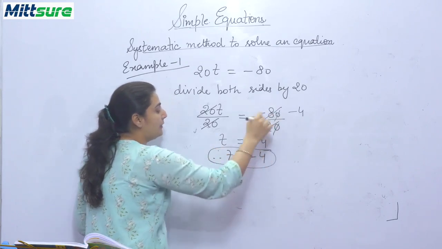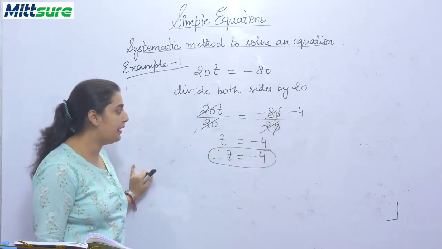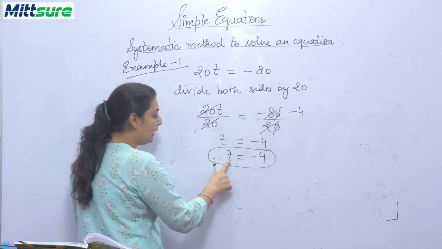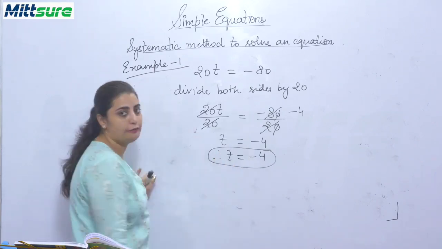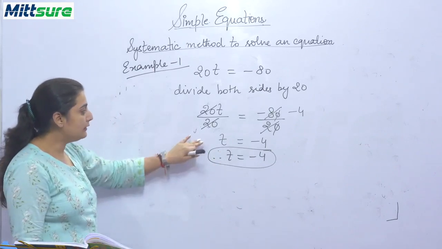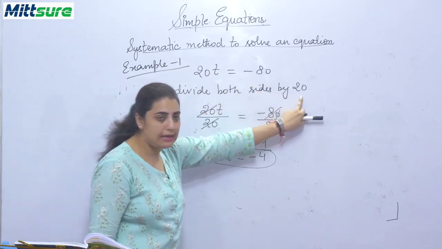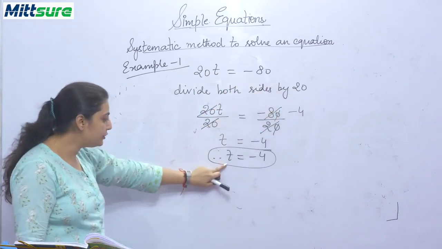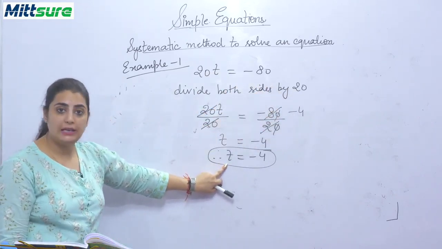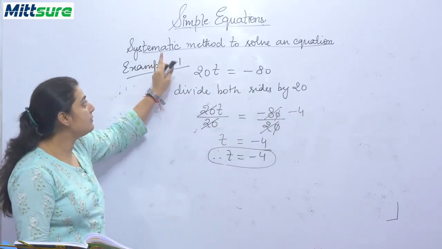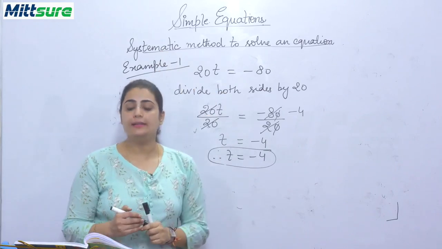Here 0 will be cancelled with 0, and when you divide minus 8 by 2 you get minus 4. So therefore t is equal to minus 4. Now this is how, by dividing both the sides with the same number, I have reached a solution of the variable. So this is how we use the systematic method to solve an equation.